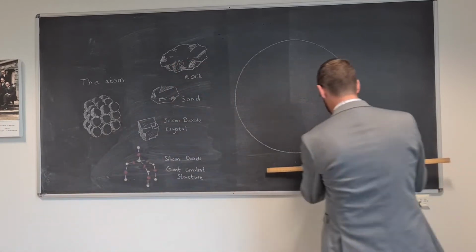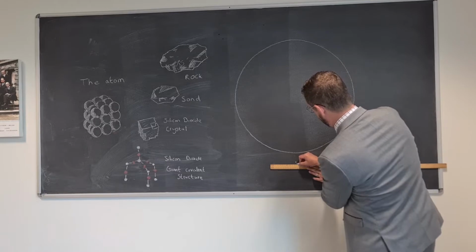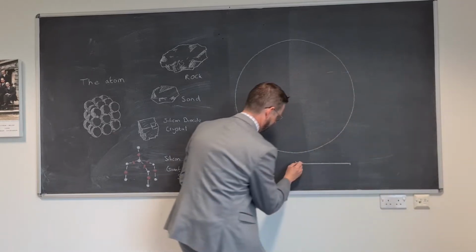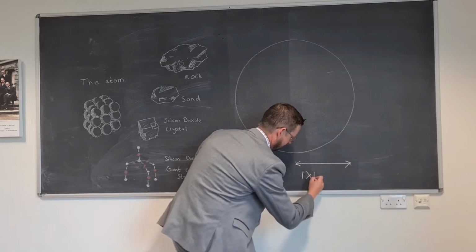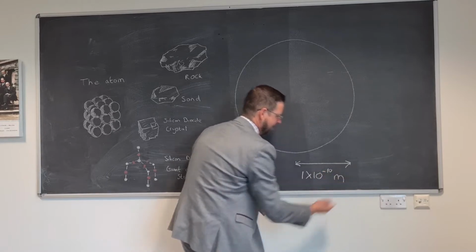The first thing I want to add to this diagram is the scale. The radius, so from the midpoint to the outside edge, which I'm going to draw just here. This scale is 1 × 10^-10 meters.